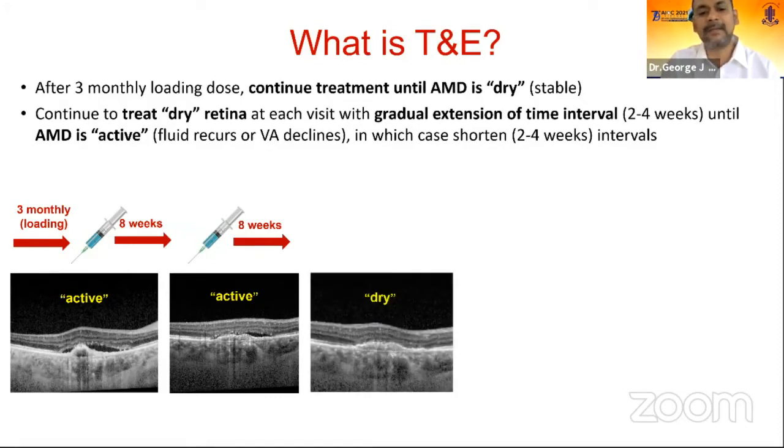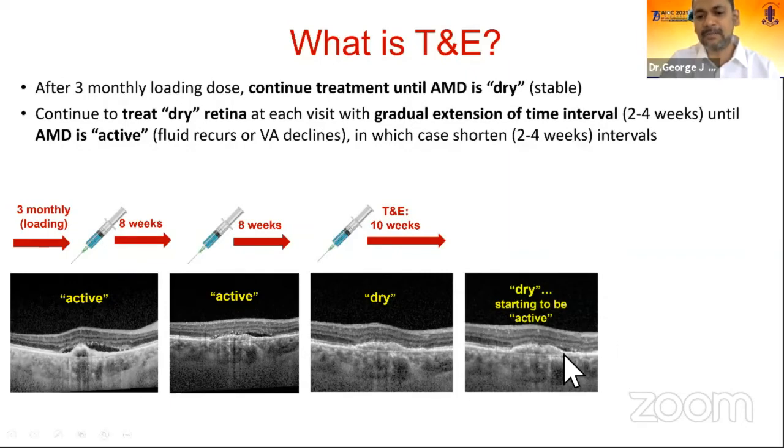At this visit, the patient's macula is dry, but still in treat and extend, the patient gets the injection and the next injection visit is extended from 2 months to 2.5 months. At that time, there is an almost dry macula with a bit of fluid. Still the patient gets the injection and we try to extend it to once in 3 months, as we just discussed.